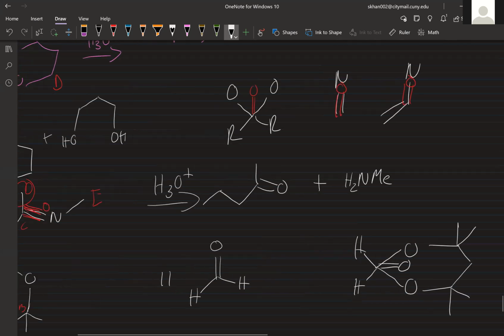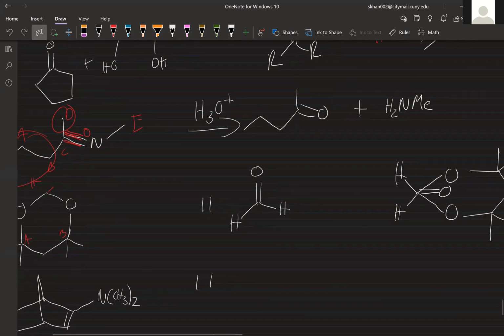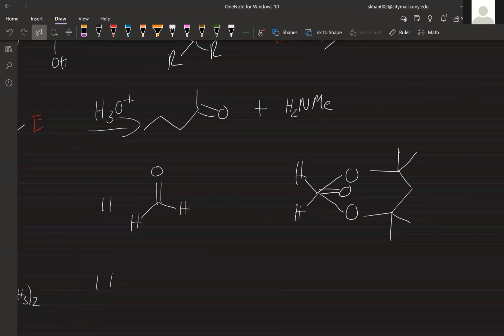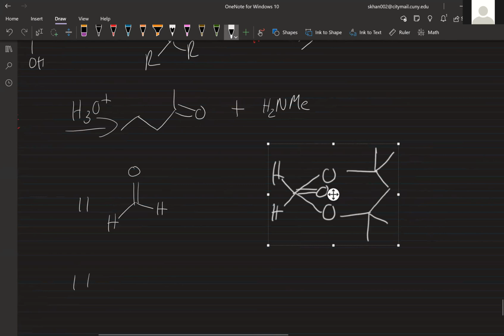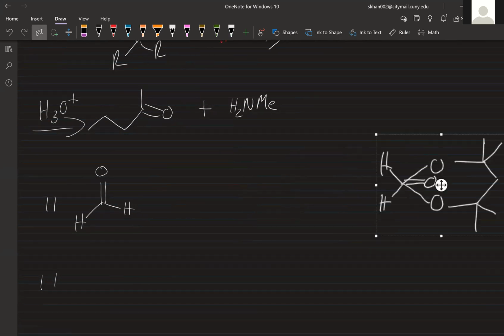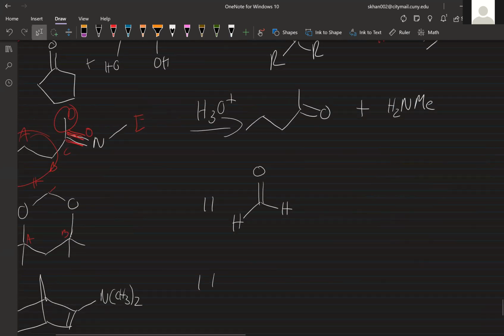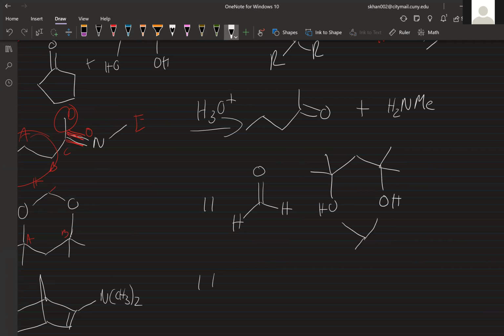So this came out of formaldehyde, and the rest of the structure, let me move this to the side, is your cyclic acetal, cyclic diol. So the rest of the structure would be OH, OH, this. And remember, all you did was make this bond. That's where it came from.